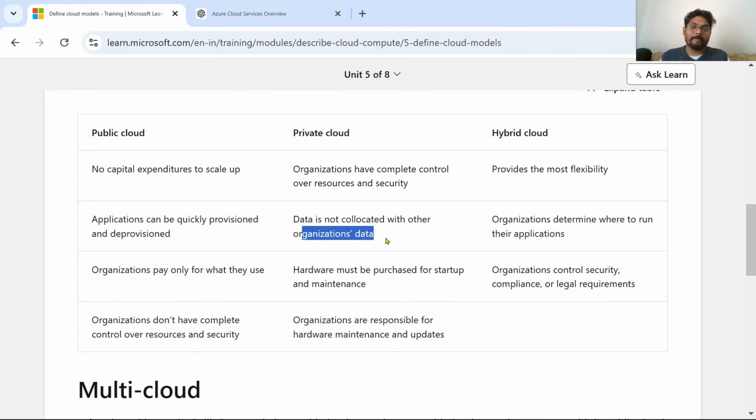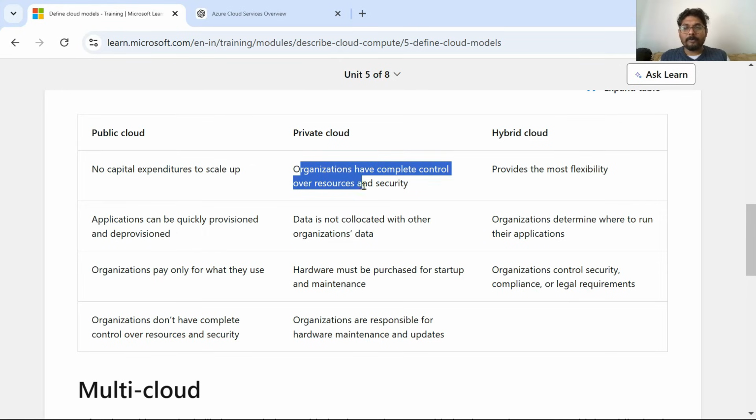You have it on your private setup. Okay, that is the difference. So when you have a public cloud, all your data can be kept with other organization data, right? In the same resource, the hard drive is the same, where you have been allocated some space, somebody else has been allocated some space, something like that. In a private cloud, it's your own. Organizations have complete control over the resources and security. That is the private cloud.